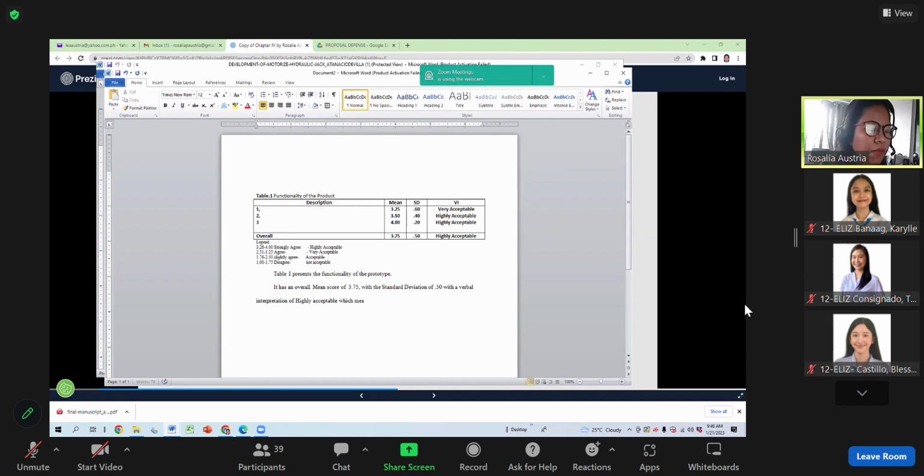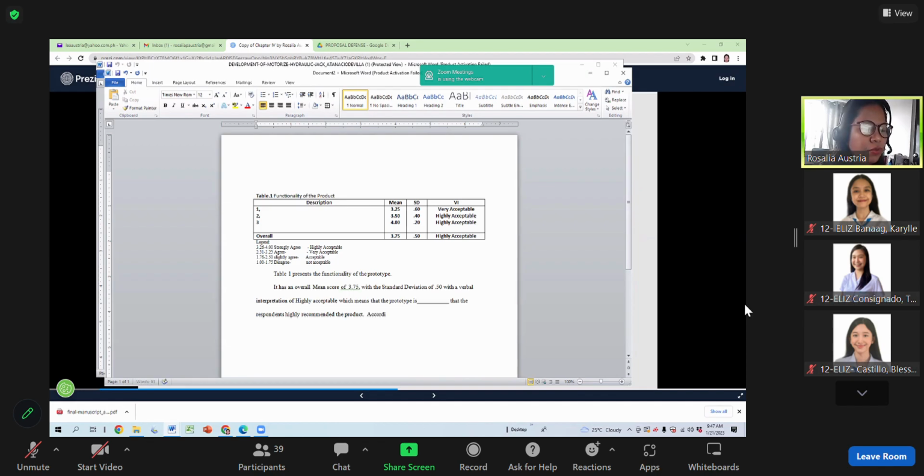Which means that the prototype is what? Isip kayo ng anong magandang description. It means that the prototype is blank, that the respondents highly recommended the product. It's up to you.